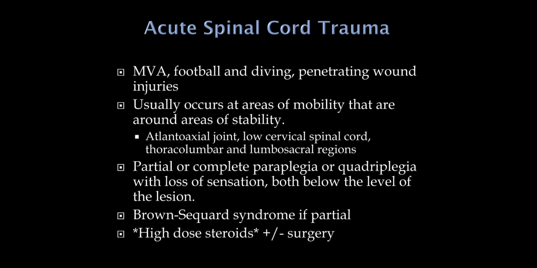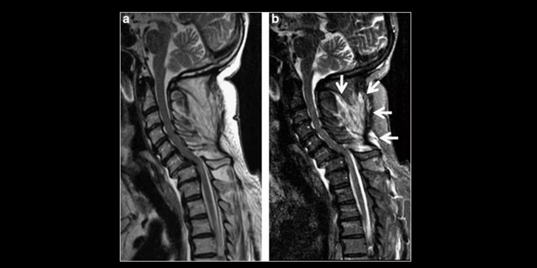Okay, so when this is due to acute trauma, we give high-dose steroids, which can help, and then frequently we need to get a neurosurgeon involved if there's something compressing the spinal cord. So here's a case of significant, we have a hematoma here behind the cervical cord, and then we've got an obviously abnormal kinking here of the spinal cord, cervical spinal cord.